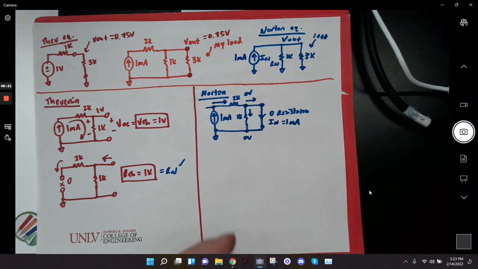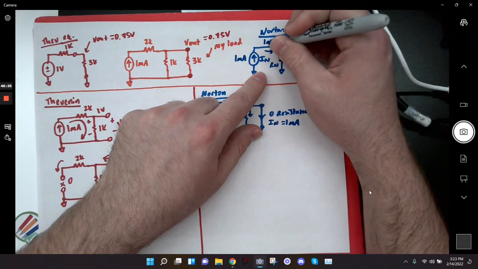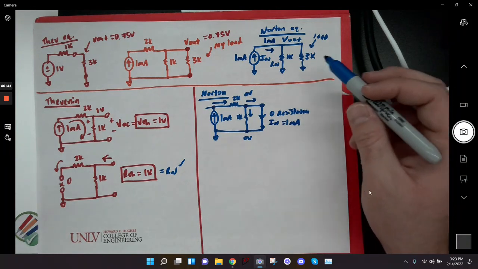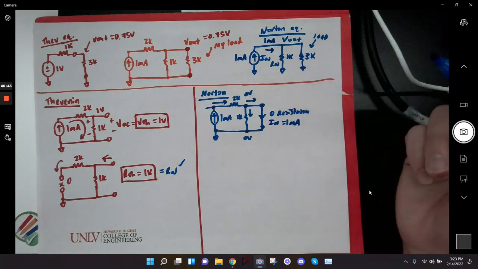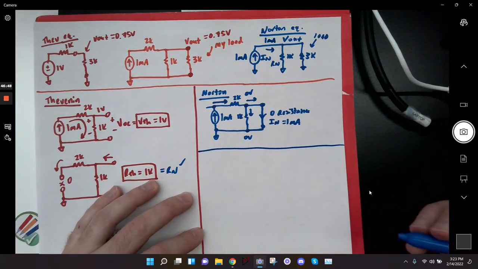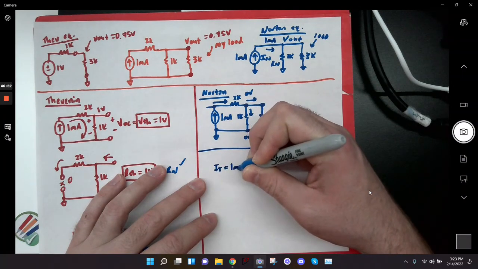Okay? And so now, if I go over here, I have 1 milliamp flowing, and basically it's going to be a current divider. If I do the current divider, I should get that V out is going to be equal to 0.75 volts. So let me make another little area to do some work. My I total is equal to 1 milliamp.